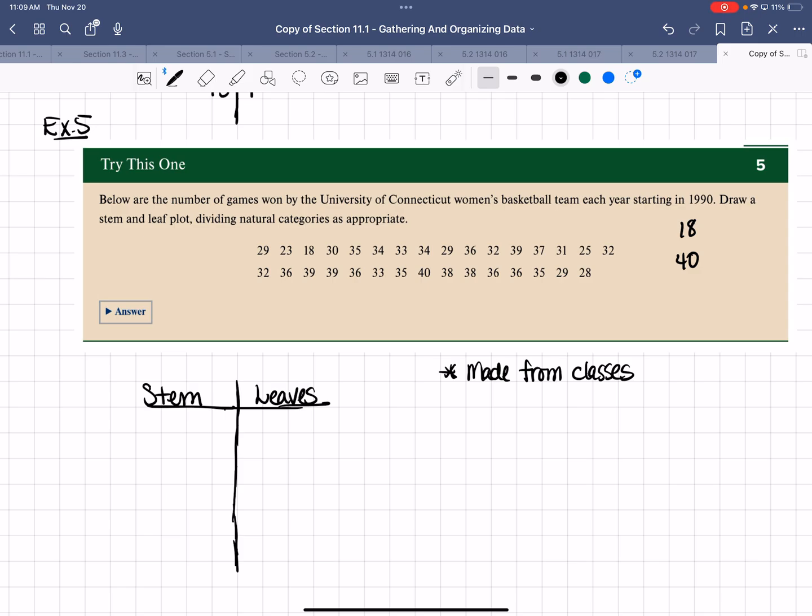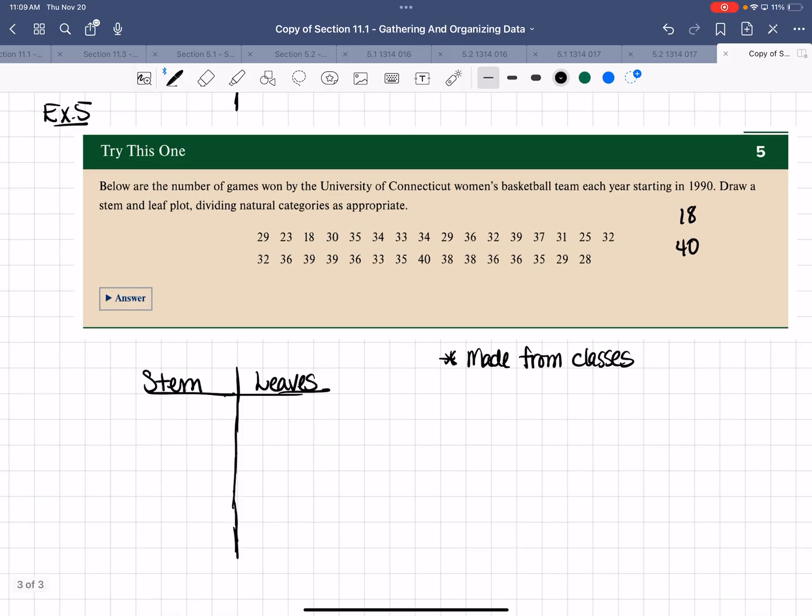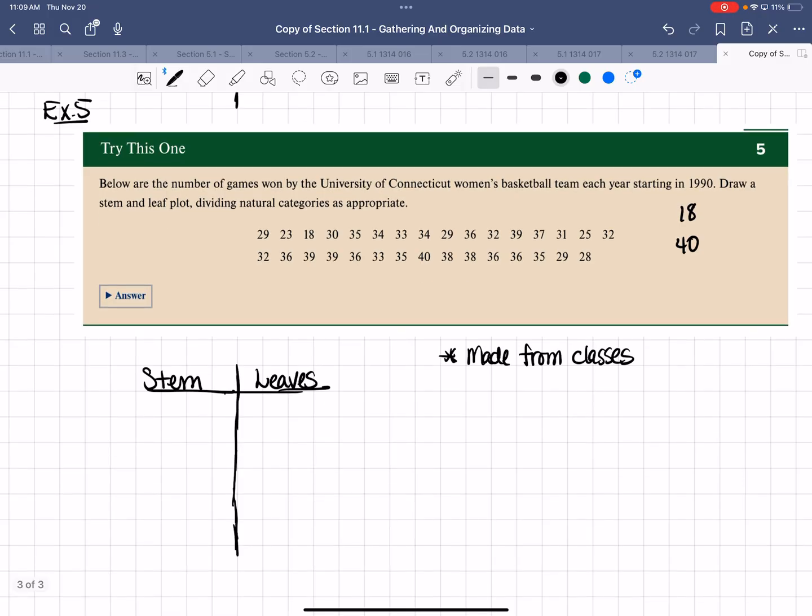Okay, so you got the 10s, but here's the deal. We got lots of 10s, and they don't want to really make it that long. So they're going, okay, we're going to bust it up into classes. Since we don't have any values 10 to 14, the lowest one is 18.